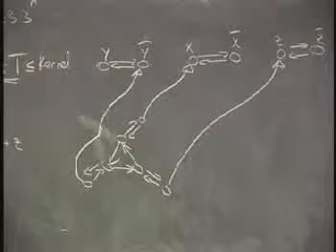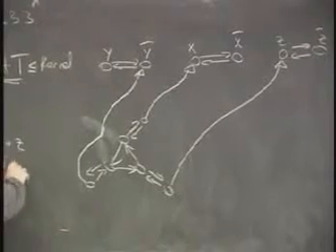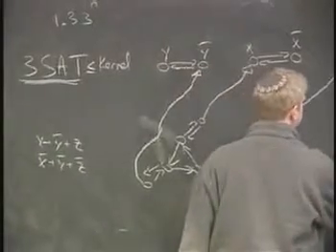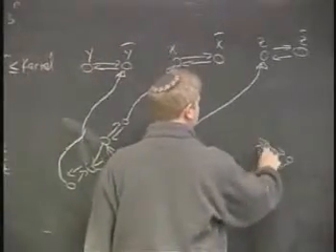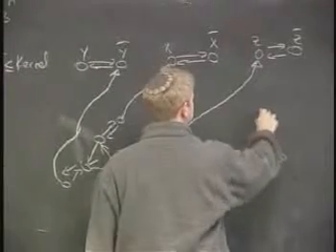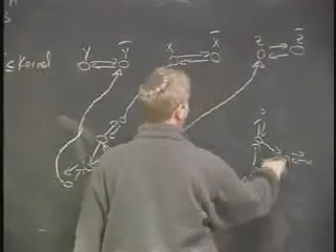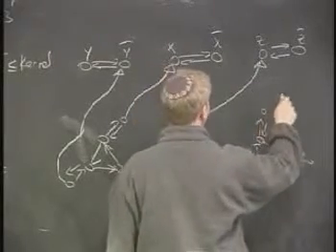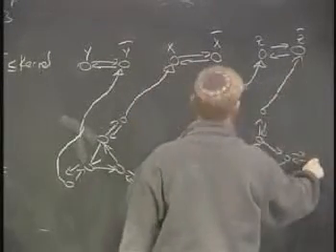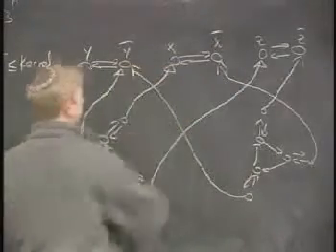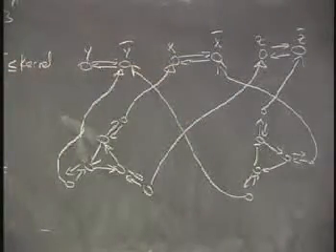So now maybe we need to do one more clause as an example. Let's do x bar, y bar, and z bar. You'd have another one over here. So there's another clause.